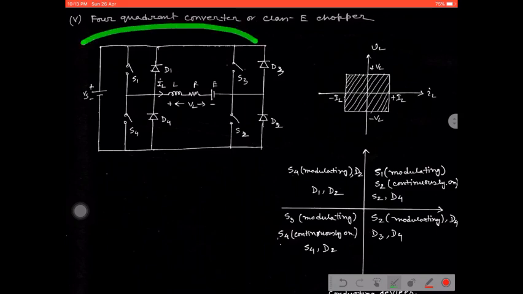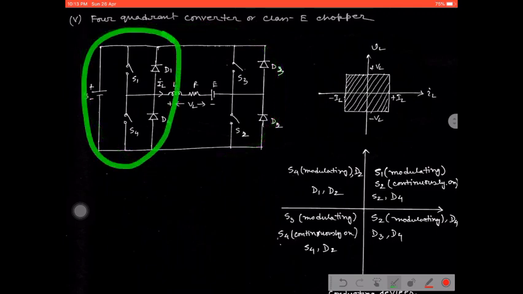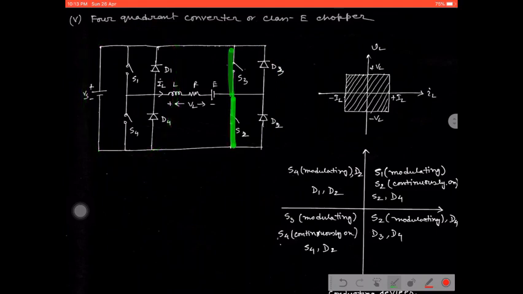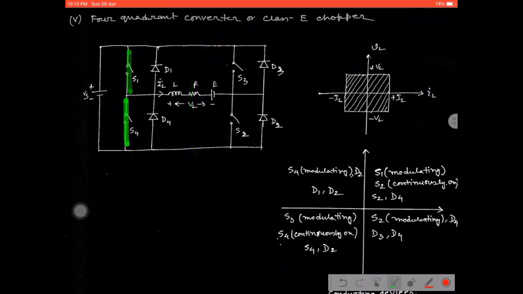As we are using the complete circuit, when this part tries to operate, then the other part has to be short circuited. And in another mode of operation, when this part tries to operate, then it can be short circuited.